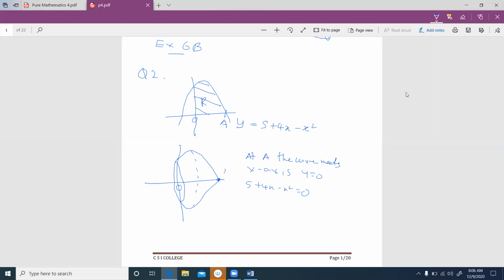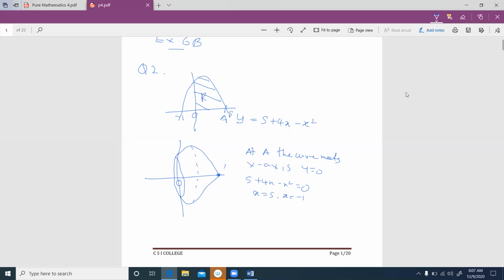If you equate it to 0, you will get the answer. The answers are 5 and -1. The coordinates are 5 and -1. Minus 1 is here, and this is the coordinate of 5.